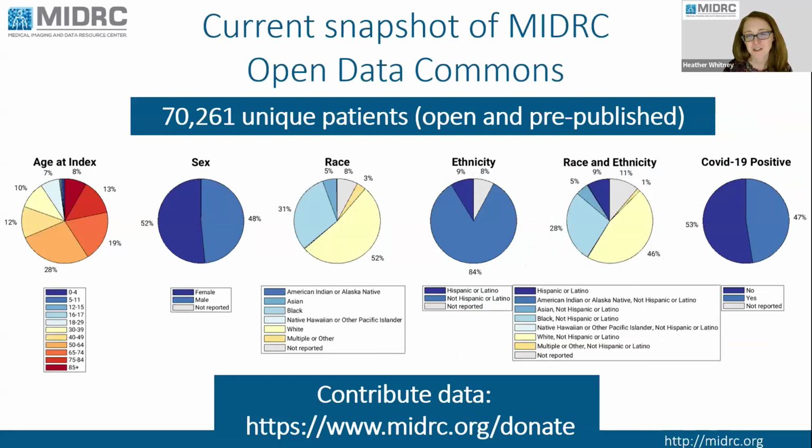Now what we're going to do is start to break down this data by different groups, because as you remember from the previous slide, it's really important to tally your data and make sure you know where it's coming from and who it represents. As I mentioned, we're about 70,000 unique patients. Here's the breakdown of our patients by attributes for which we balance between the open and the sequestered data sets. Remember, this is the open data that I'm showing right here.